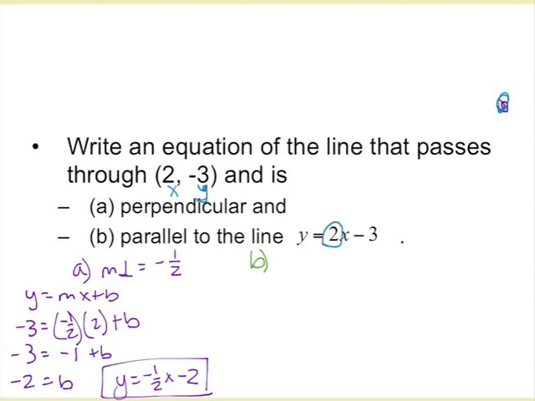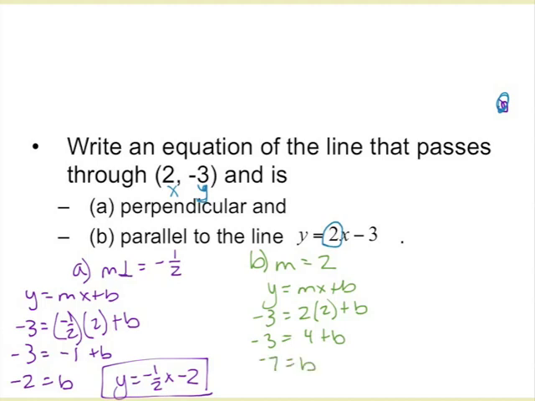Part B, we want to be parallel. Parallel slopes are exactly the same. So I'm going to use a slope of 2 so that it matches the given line. Plug into y equals mx plus b, a y of -3, m of 2, x of 2, and find b. Multiplying gives 4.